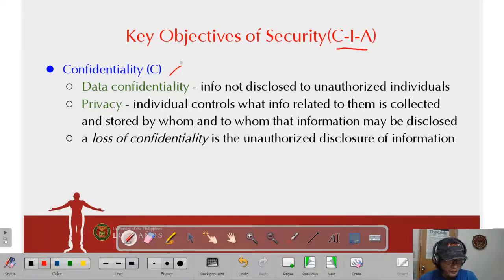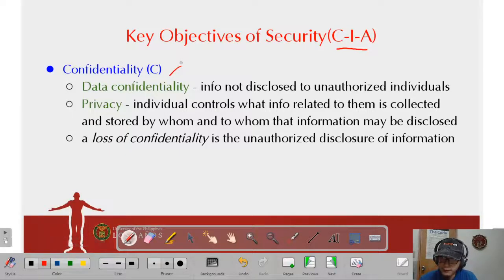This is divided into two. The first one is called data confidentiality. The second one is privacy. When it comes to data confidentiality, the idea is that information should not be disclosed to unauthorized individuals.